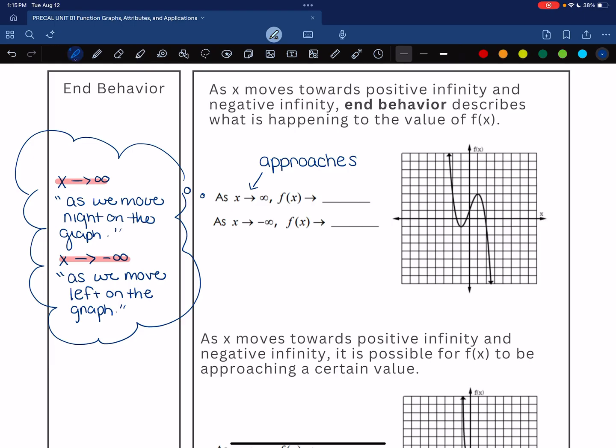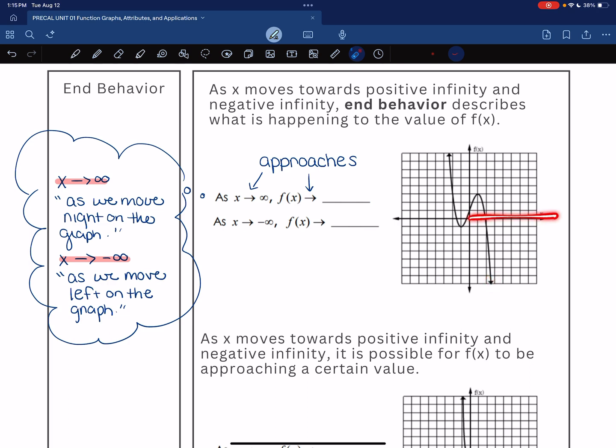So as x approaches infinity, as we move to the right on the graph, f of x is approaching what value? Again, we have that symbol for approaching. What's happening as we move in that direction? What's happening to our f of x? What's happening to our y values?